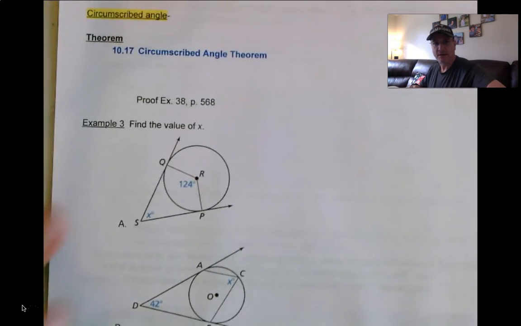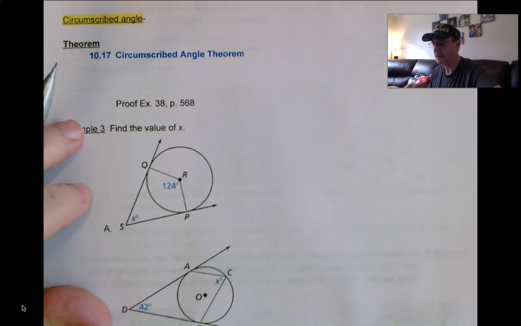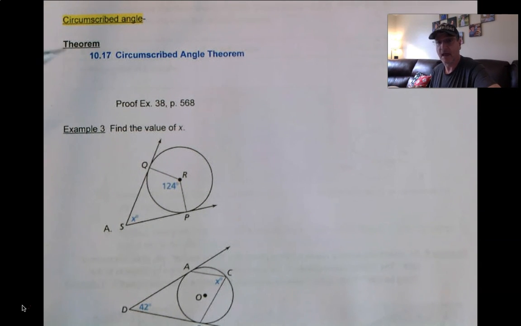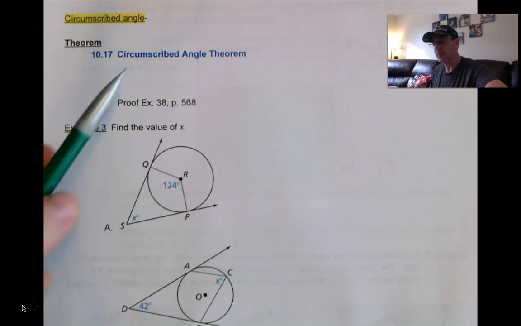Now, this next concept wasn't in our previous geometry textbooks. And it actually makes things a lot easier. This circumscribed angles theorem, I wish I had had it in the past, but I didn't. I do now, and it's pretty neat.